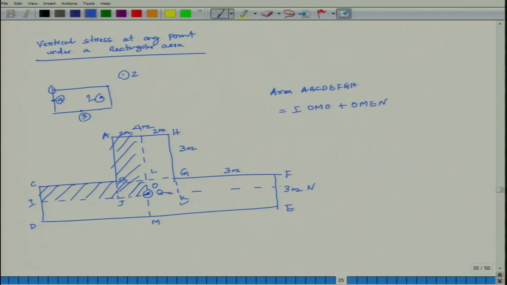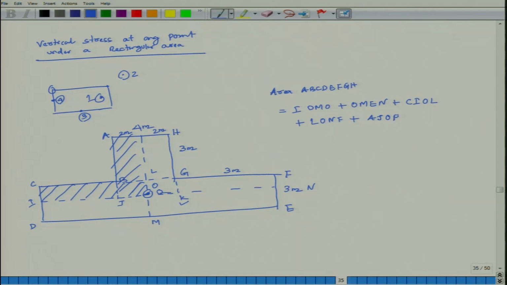It is not DMEN, sorry, it is OMEN. In this case, it is straightforward at the corner, plus CIOL, again perfectly fine, this is at the corner, plus LONF, this is also perfectly fine.